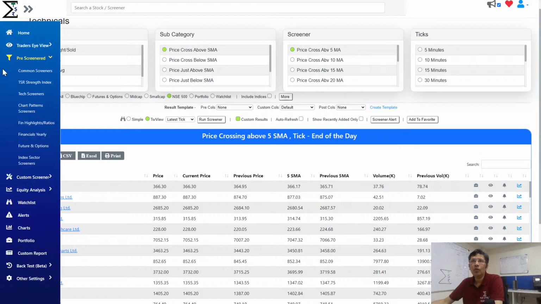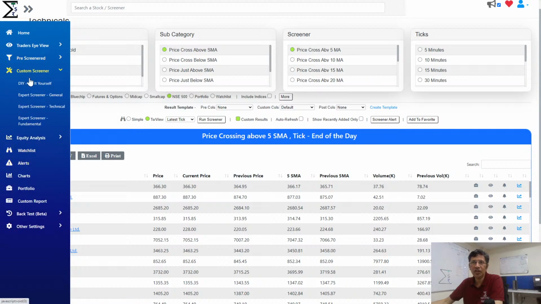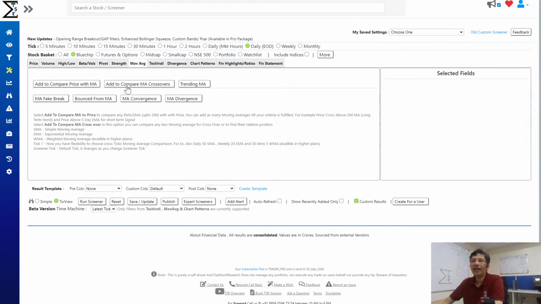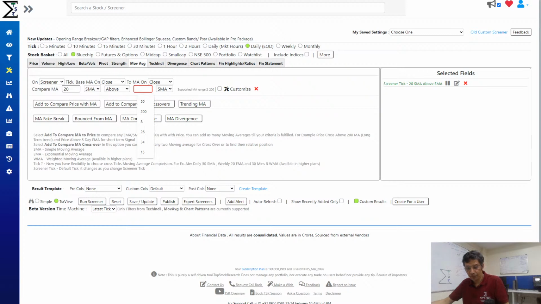If you are looking for some more complex moving average, obviously you can go to the custom screener, go to DIY, the do-it-yourself screener. Over here, choose moving average. If you are looking for a two moving average crossover, you can plot 20 above 50.